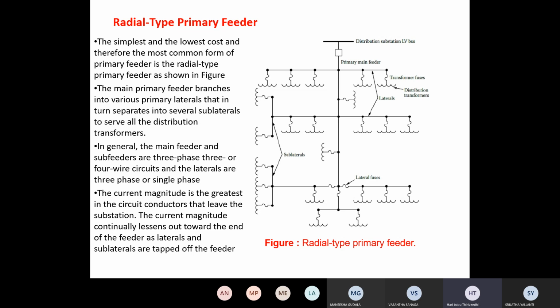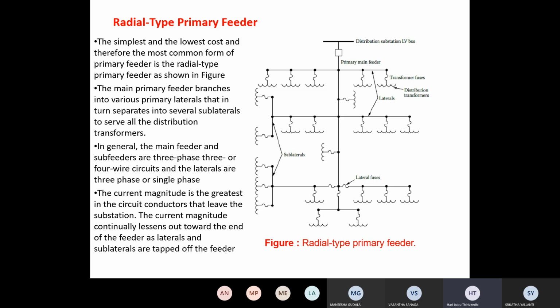Generally there are feeders and distributors. Now, what are the different types of feeders? Most of the time they ask this important question: explain the radial type primary feeder, sectionalized primary feeder or express feeder. A small diagram and two or three lines are enough. Very important.